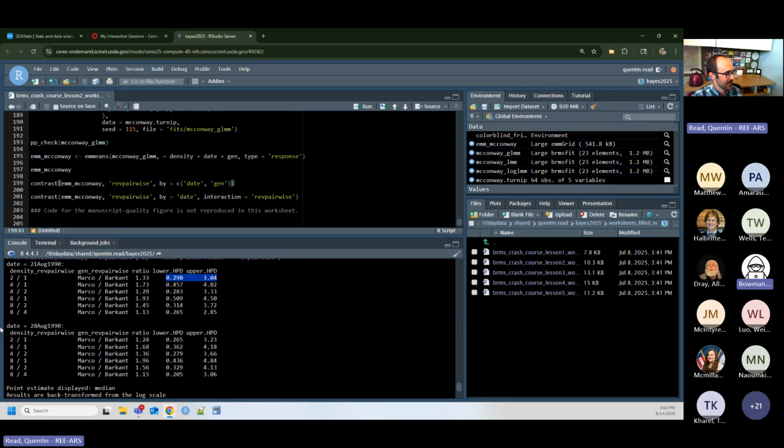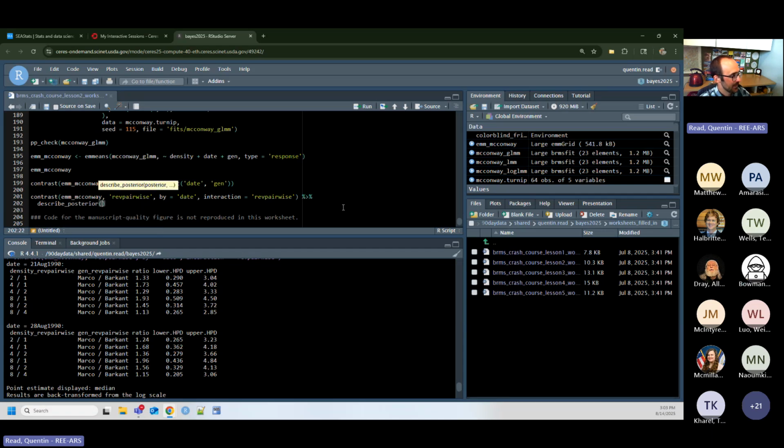The way we have been doing it in previous ones is you would pipe the results of this into the function describe_posterior that we've been using, and you could do the PD test, the probability of direction: what fraction of the posterior distribution is on the same sign as our effect? And you can say as_p equals true to get it in the form of a p-value. So let's just run that and see what we get.